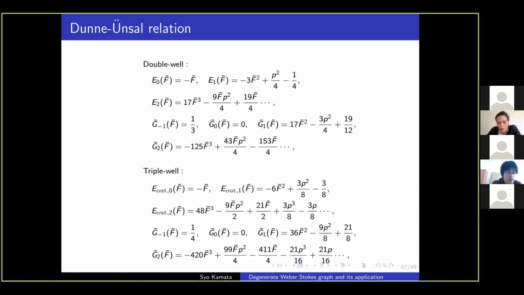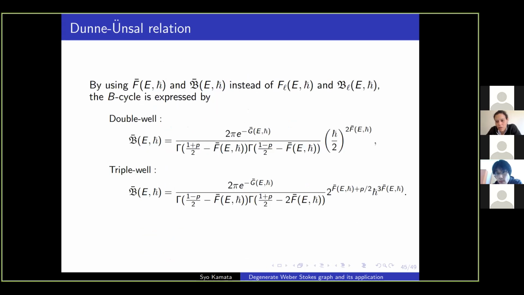Sorry, I just have another question. In your calculations, how general a potential can you use for the equivalent of the degenerate Weber calculation?